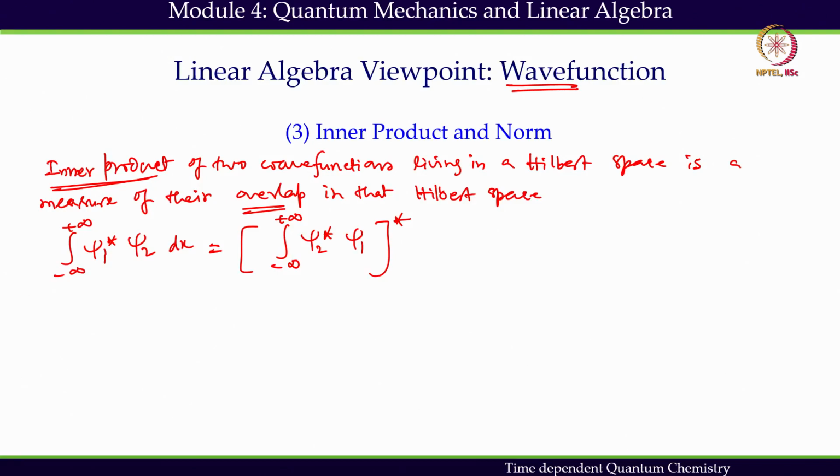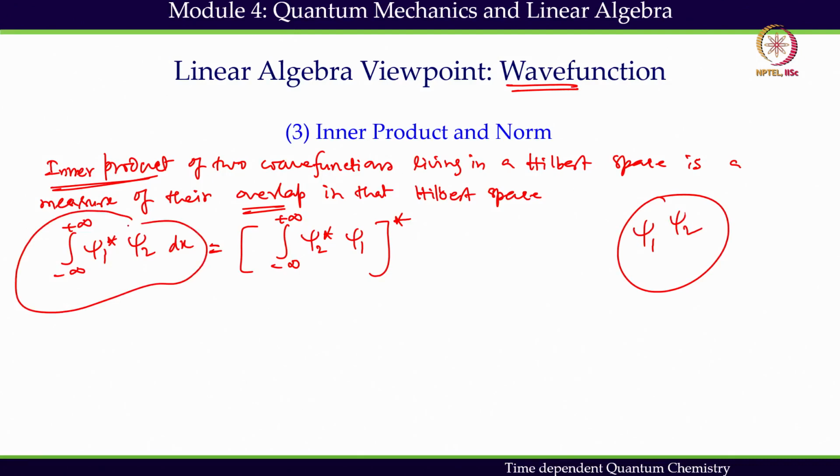So, what is the meaning of it? It means that in the Hilbert space, if I have two wave functions psi 1 and psi 2, and if we find out this integration, then this integration shows how much overlap they have. Let us say psi 1 and psi 2 are represented by these two ellipses, psi 1 here, psi 2 here.